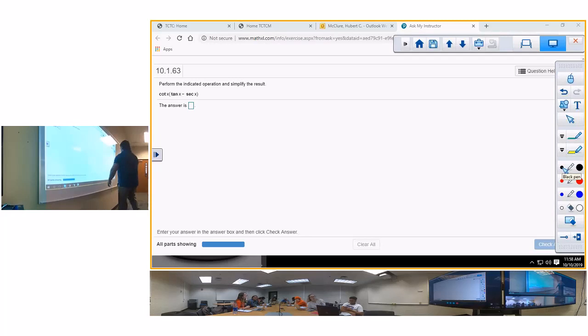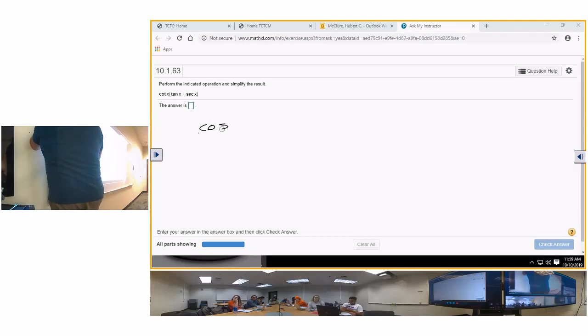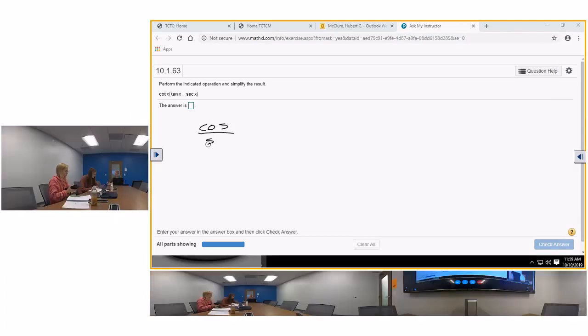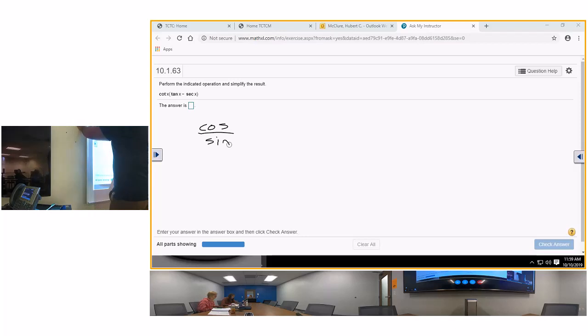All right, so I'm going to rewrite cotan as cosine over what? Cosine over sine. And then what is the tan? Sine over cosine. And then secant is 1 over the what?